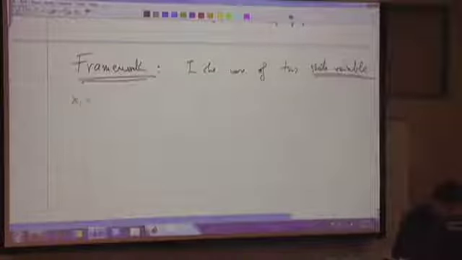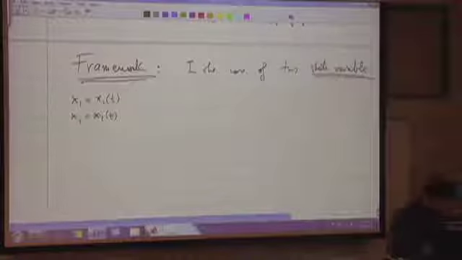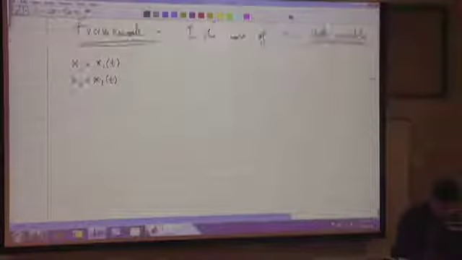So if I have my system, it is described by two variables, x1 and x2, as a function of time, right?